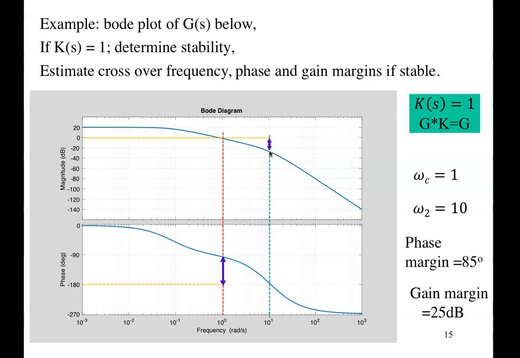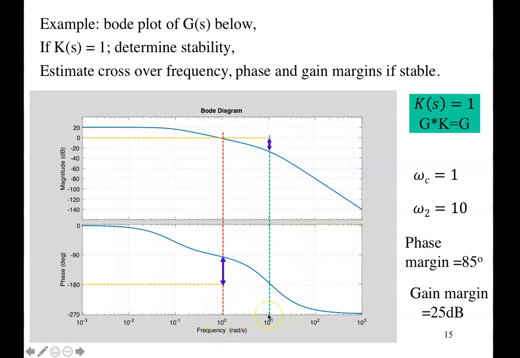Omega 2 is where the phase angle plot, or phase angle curve, crosses minus 180 degrees. So that's my omega 2. The phase margin is how far the phase plot is away from minus 180 degrees at omega c, at the crossover frequency.